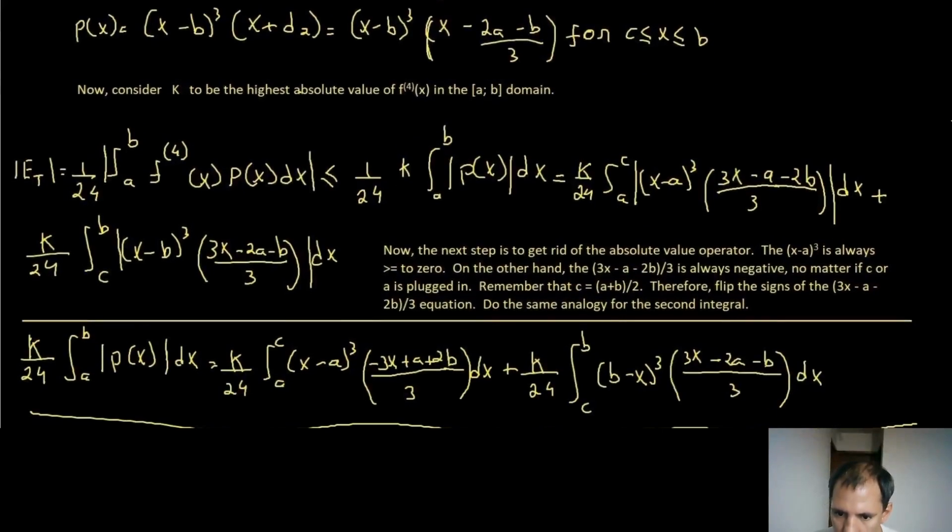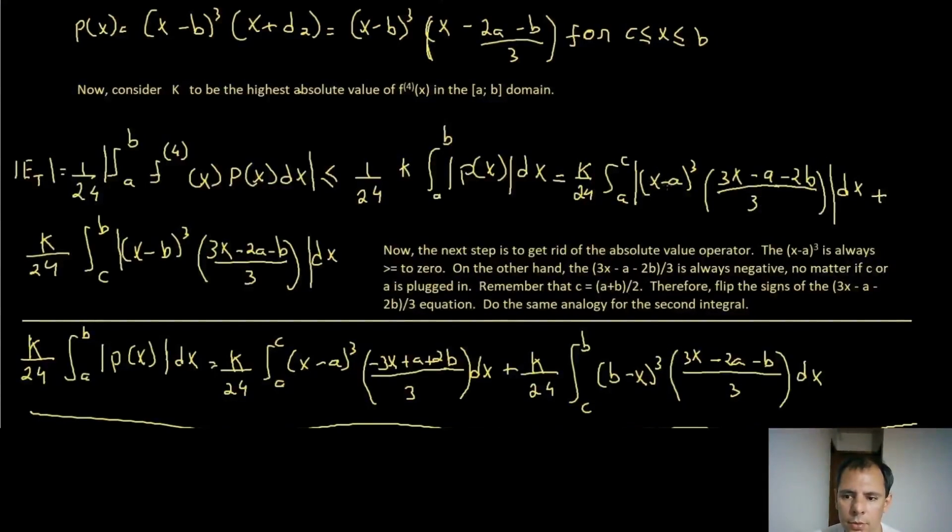Now the next step is to get rid of the absolute value operator, because you see you have the integral of the absolute value in here, and you want to make that go away. So x minus a cubed is always greater than or equal to 0, of course, because a is the first point.